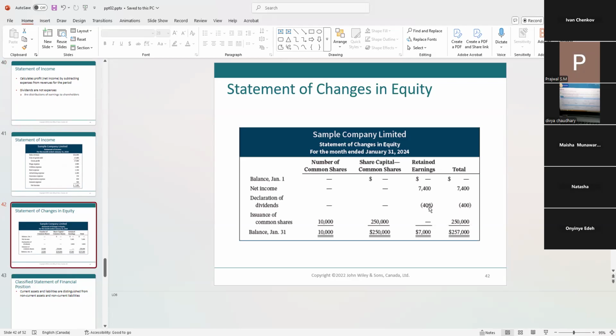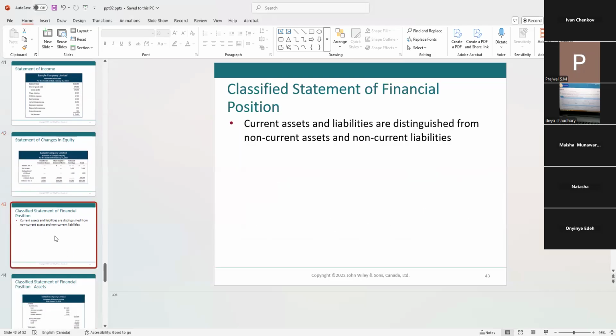A dividend of $400 was declared and paid. So the total increase in the shareholders' equity for the period is $7,000. So what's the final balance for the shareholders? $257,000.